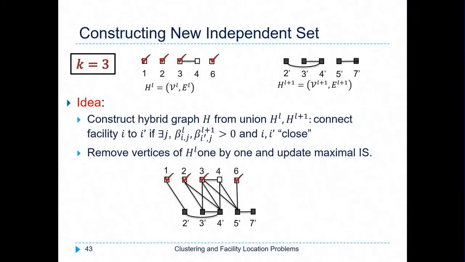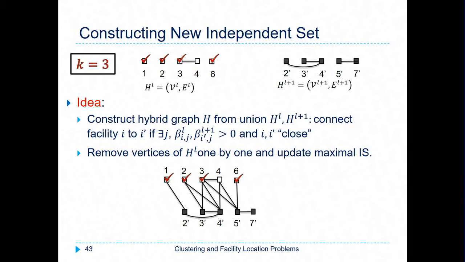And then we put an edge between two facilities if there exists a client that makes a contribution in the first solution and then in the current solution that we are constructing. And again, if the facilities are close. Okay? So the goal is to construct an independent set for this graph.